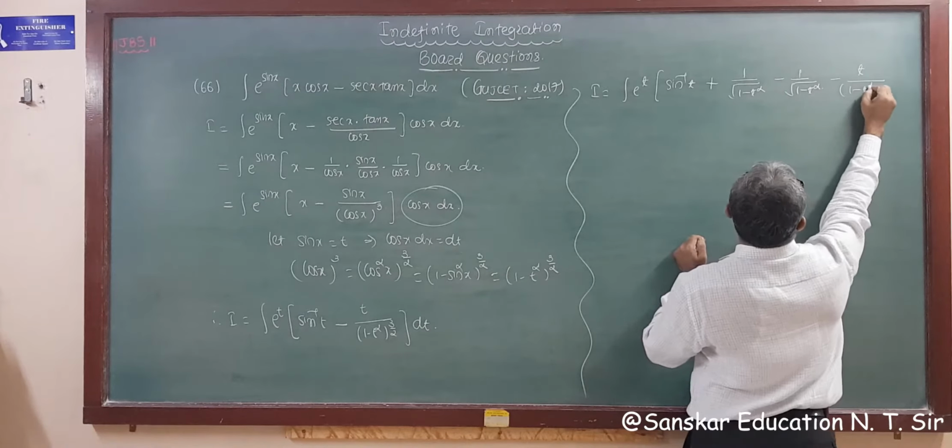Now the answer of this is cos 10x here. The answer of this is sin raised to 10x here. So I am keeping this term as it is because this will cancel, right?